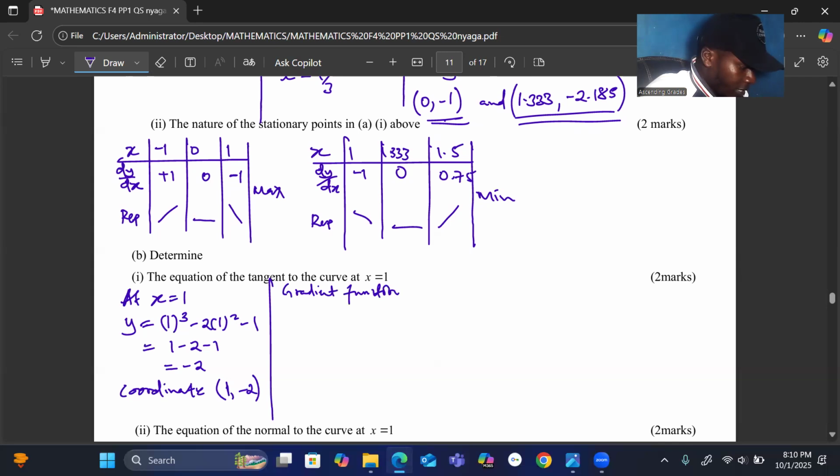So the gradient function dy/dx is equal to 3x squared minus 4x.